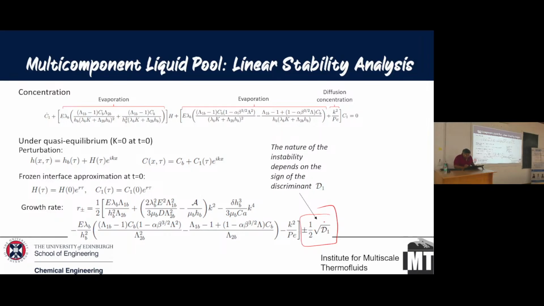The sign of the determinant describes the nature of the instability. If the determinant is positive, you have a growth rate which is purely real. But if your determinant is negative, you have a real part for the growth rate as well as an imaginary part, and that instability is very different from a real one. We have noticed that in our simulations and also in experiments.